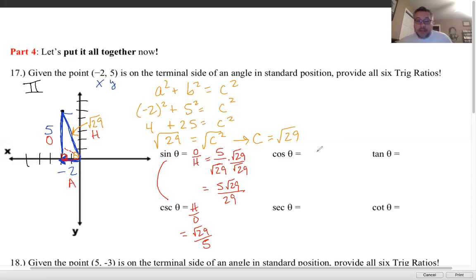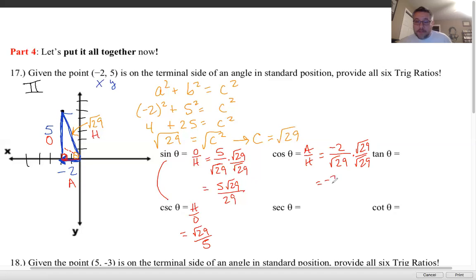Move on to cosine. Cosine is adjacent over hypotenuse. Well, what do we have? The adjacent is -2. The hypotenuse is root 29. Okay, problem. It's in the bottom, or the denominator. Multiply the problem, root 29, to top and bottom.